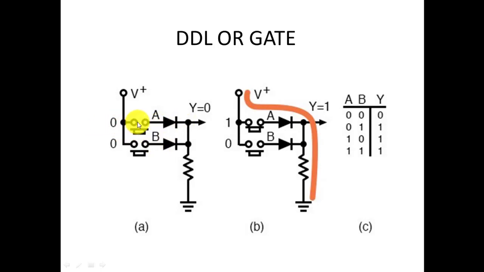When any one of these switches, A or B, is connected to the logic high, the current will flow through that diode to the ground. So you can see here the current is flowing from diode A to the ground as diode A is connected to the logic high, whereas B is at low.